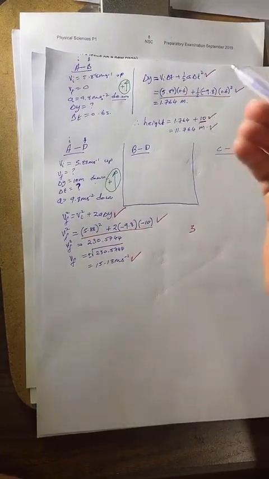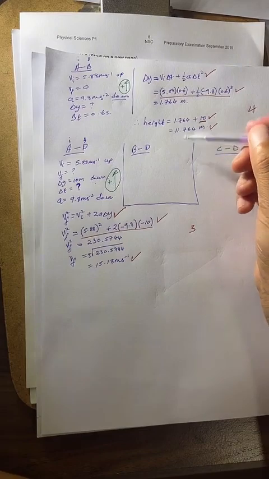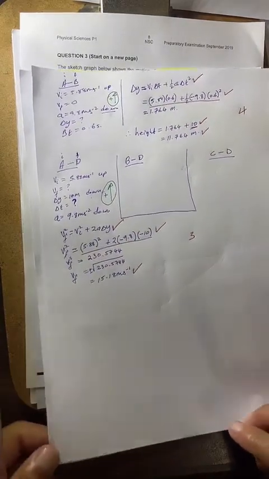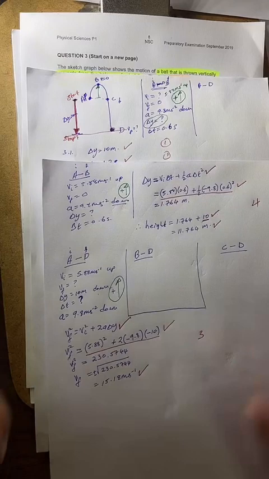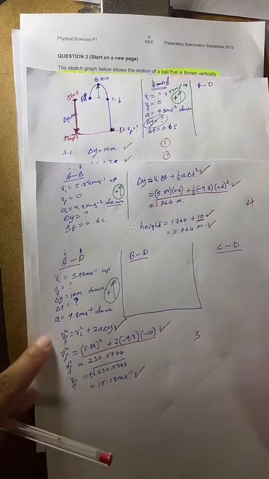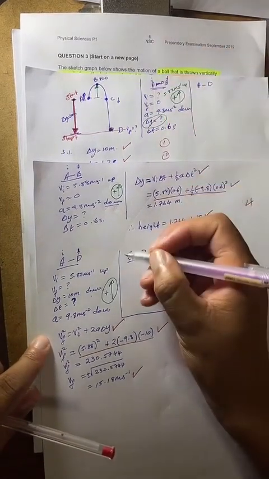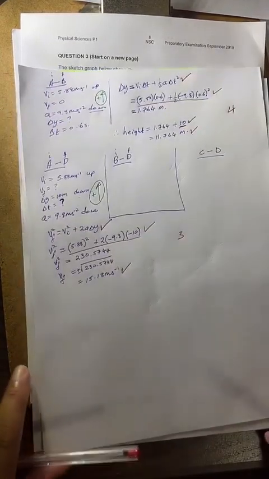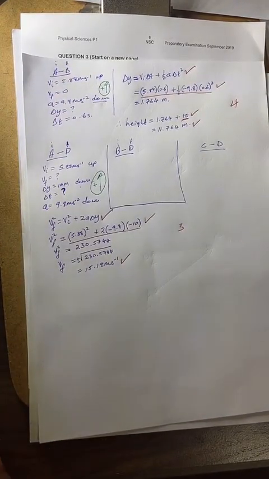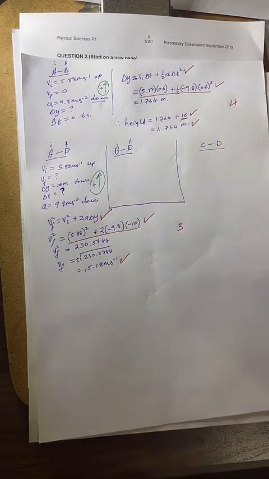If we use point B to D, point B is this part, and this becomes our initial, this is our final. I'm choosing A to D because it's much easier to solve it like that. But you can choose B to D, you will land with the same answer.